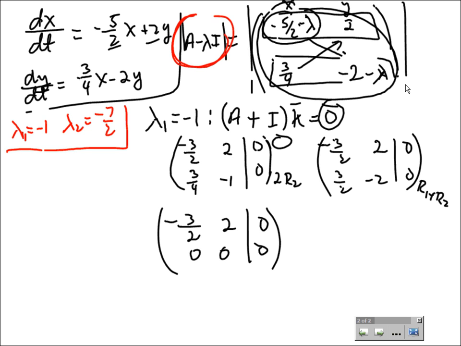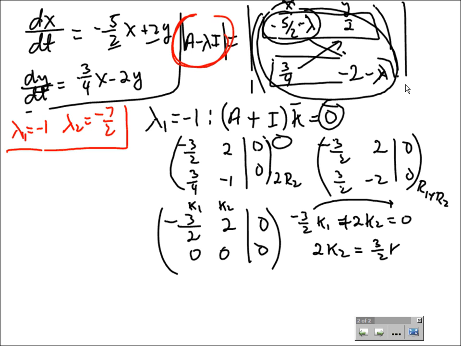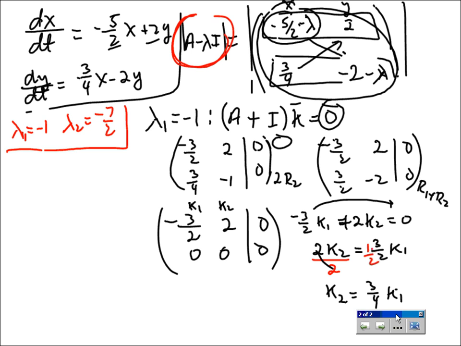Well, this tells me, we'll call the variables k1 and k2: -3/2 k1 plus 2 k2 is 0. Bringing that to the other side, we get 2 k2 is equal to 3 halves k1. It is more friendly to multiply the right side by a half. So we get k2 is 3/4 k1.